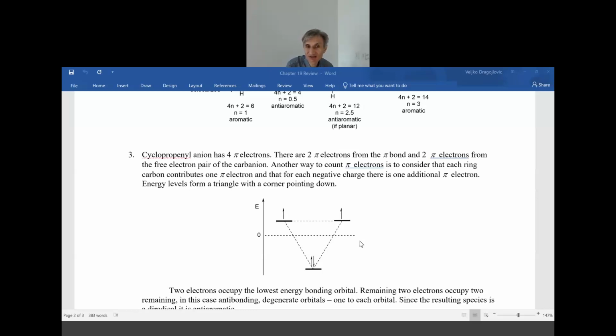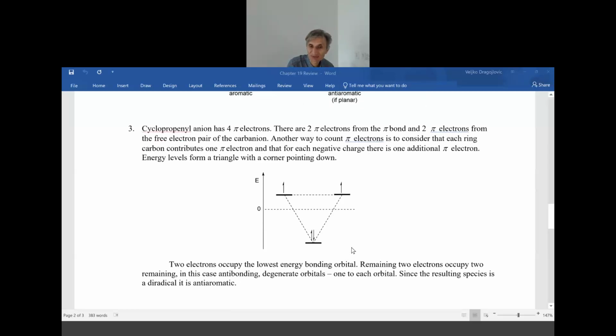So this is an anti-aromatic species, and it's destabilized by electron delocalization. Now, it's important to keep in mind that it is anti-aromatic because it has these unpaired electrons in degenerate orbitals. Degenerate orbitals are orbitals of the same energy. It's not anti-aromatic because it has electrons in antibonding orbitals.